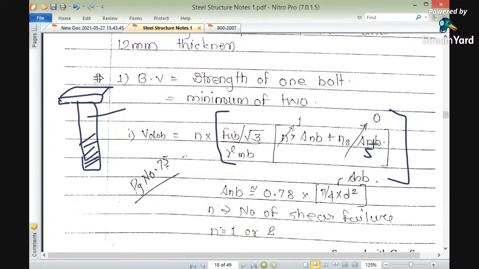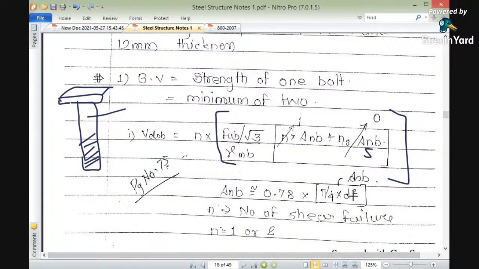Shank area is nothing but the plain area, so this area will be full. But in the threaded area, some area will be reduced. So how much area will be reduced? It has been given in this formula. Anb, the threaded area, is approximately equal to 0.78 times the shank area, that is pi by 4 d square, where d is the diameter of bolt.